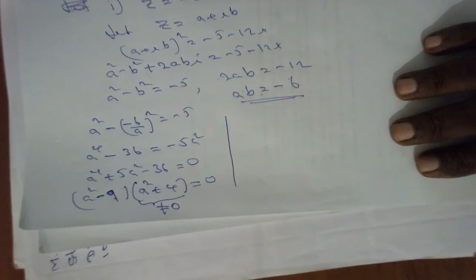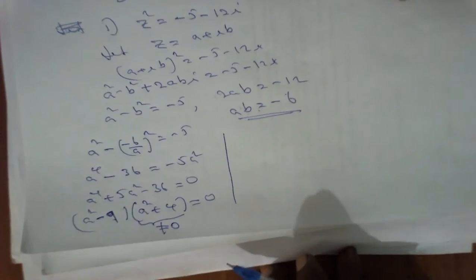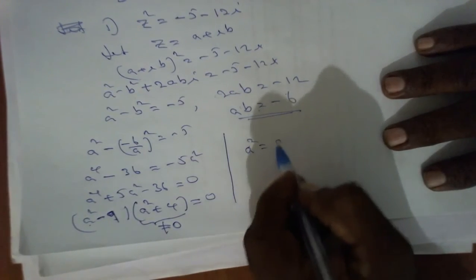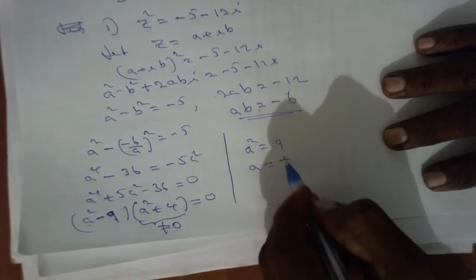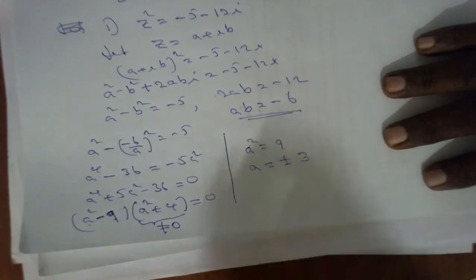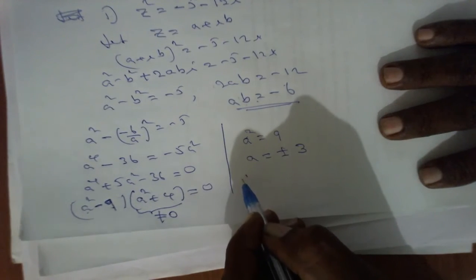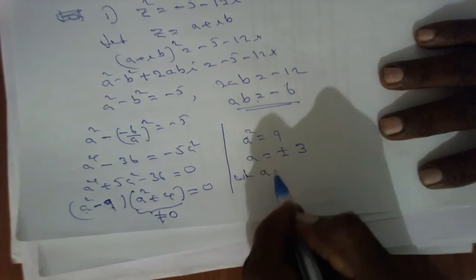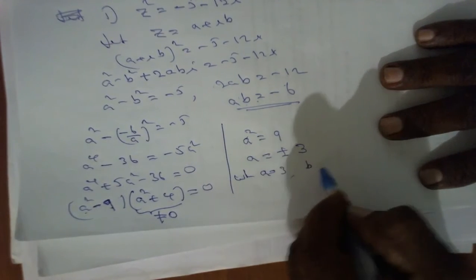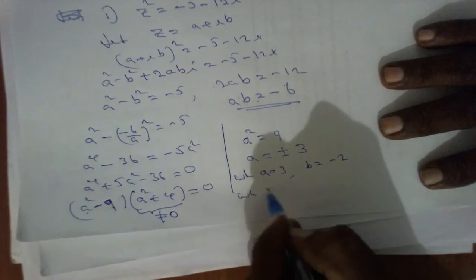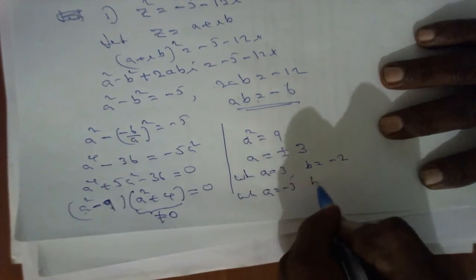Imaginary part also real, real part also real, right? So then a squared equals 9. A equals plus or minus 3, right? Then what is b? When a equals 3, b equals -2. When a equals -3, b equals +2.